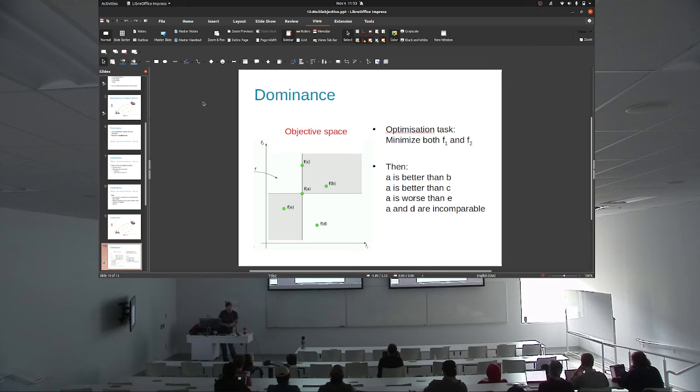But A and D are kind of comparable. Or maybe comparable is not the right word here. We're in a bit of a pickle. Because, all right, well, on F1, A is better. But on F2, D is better.